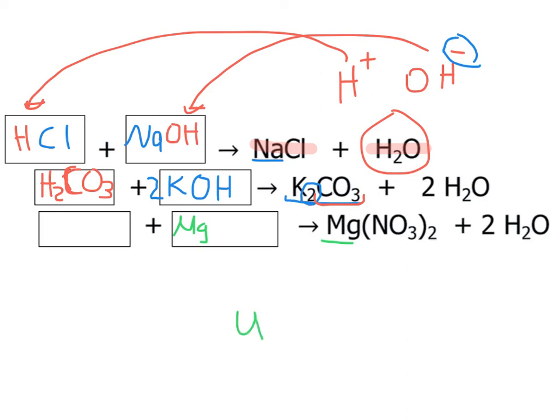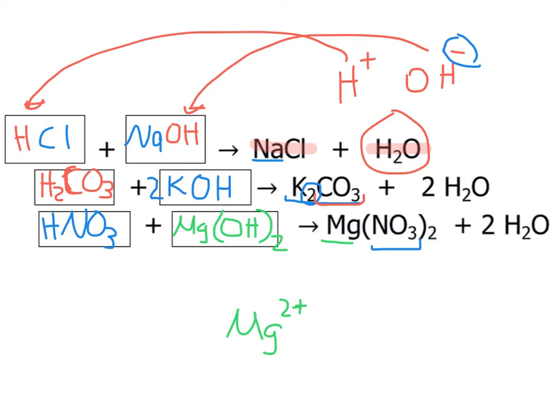Magnesium, as you can remember, is a cation that has two positive charges, so it must be with two hydroxide ions. And the nitrate comes from the acid, the anion comes from the acid, so we have nitric acid right here.